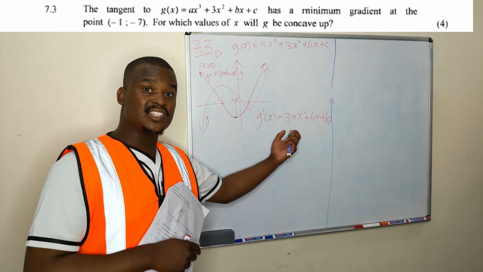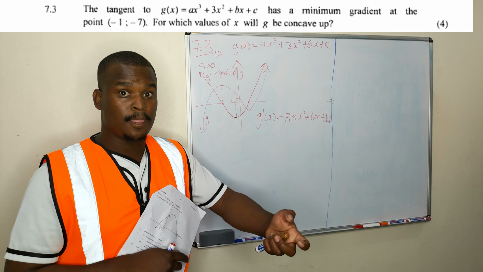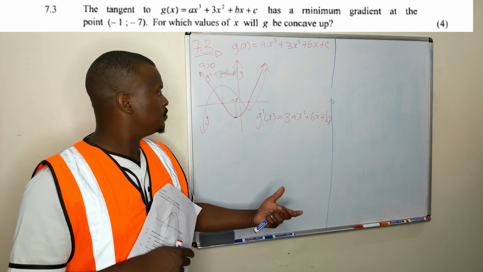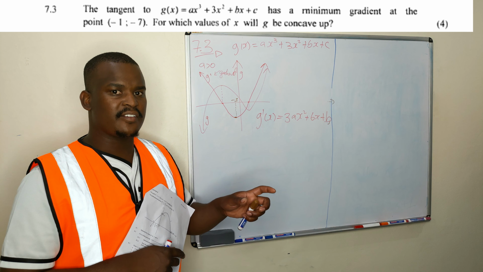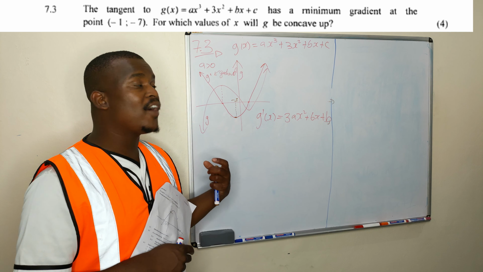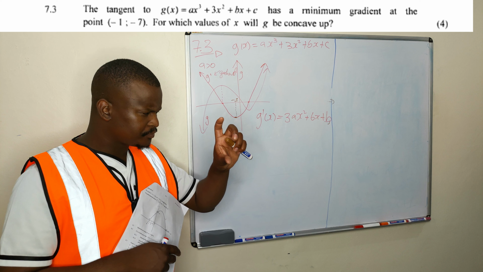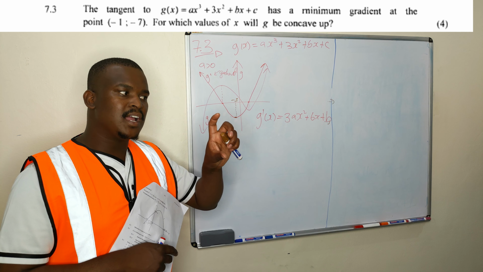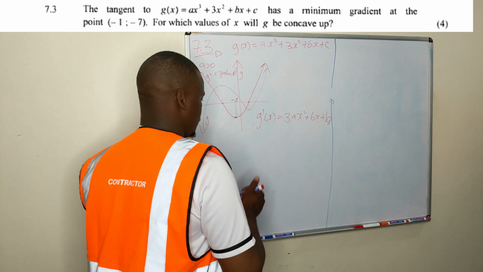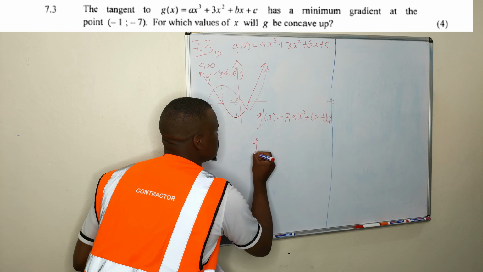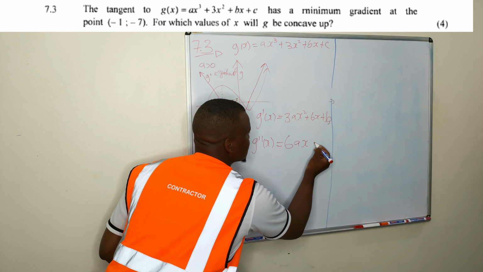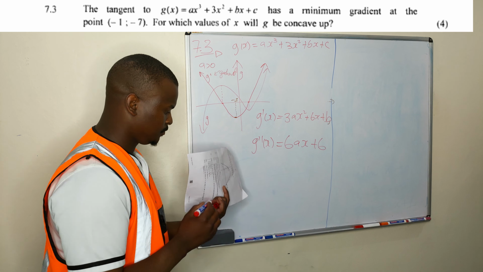And by deriving this, you are getting the point of inflection, because you want to see where this function of mine is changing concavity. So you have the first gradient. To find out where the graph actually changes concavity, you must derive this further. So you can say, okay, second derivative g double prime at x is equal to 6ax plus 6, right?